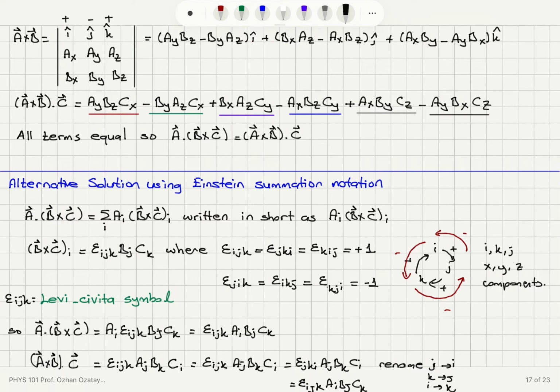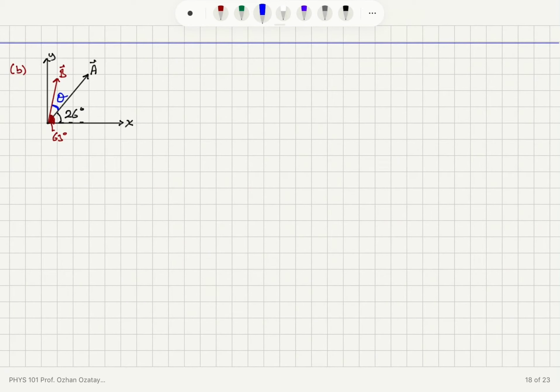So you can see that these two, epsilon ijk ai bj ck, epsilon ijk ai bj ck, they are the same thing. So this is another way of showing a more advanced technique using the Levi-Civita symbol for this calculation. Now, let's look at part B of this problem after this alternative solution.